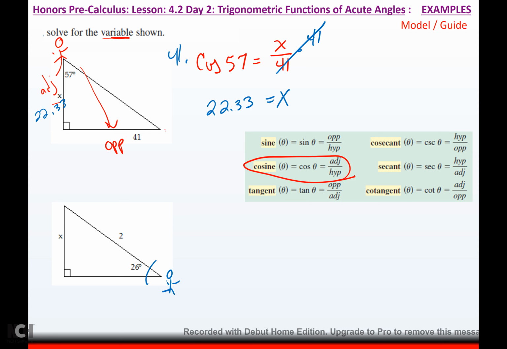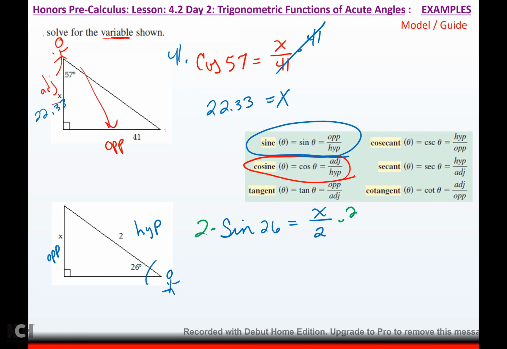Okay? So if we do this one, this is the angle they gave me, so this is where I'm standing, and from where I'm standing, this is the hypotenuse, and this is opposite. The function that uses opposite and hypotenuse is sine. So I can solve this by doing sine 26 equals opposite over hypotenuse. Again, to get x alone, we're going to multiply both sides by 2, making sure we're in degrees again.